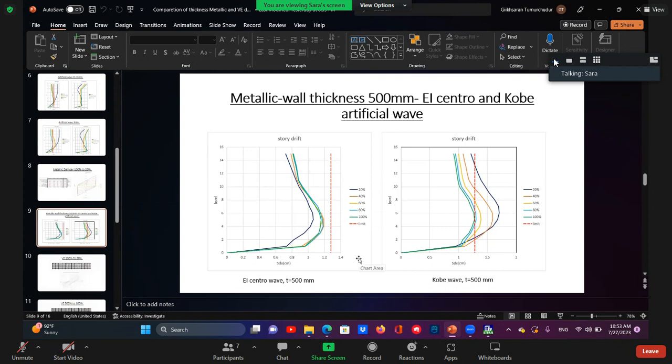This is metallic story drift with wall thickness of 500 millimeter. Under the central wave, all of them are good, but under the copy wave, only metallic 100 is good.